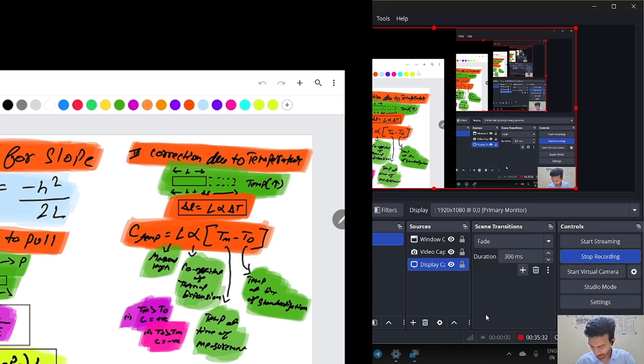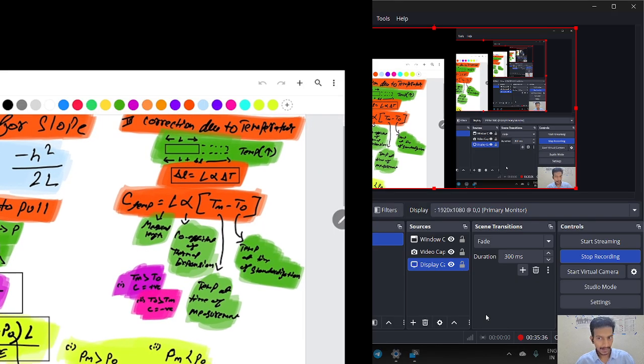Tm is the temperature at the measured value, and T naught is the temperature at the time of standardization.